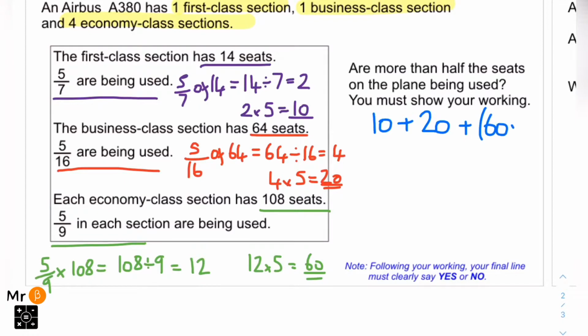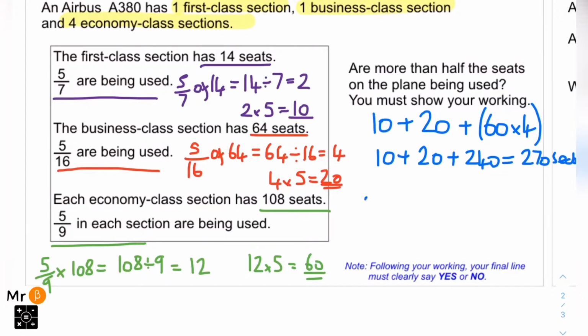And we've got 4 sections of economy, so that's why it's 60 times 4. So 10 plus 20 plus 240, which equals 270 seats in total.